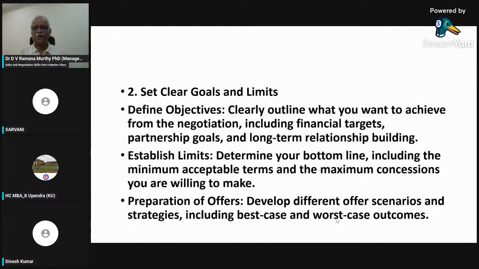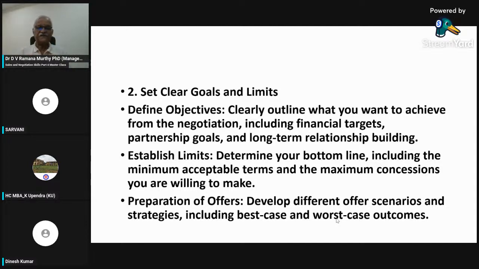You need to build long-term relationships, or is it just a one-time affair, where you finish the sales deal and keep quiet? Depending upon the circumstances, you need to very clearly define the objectives.